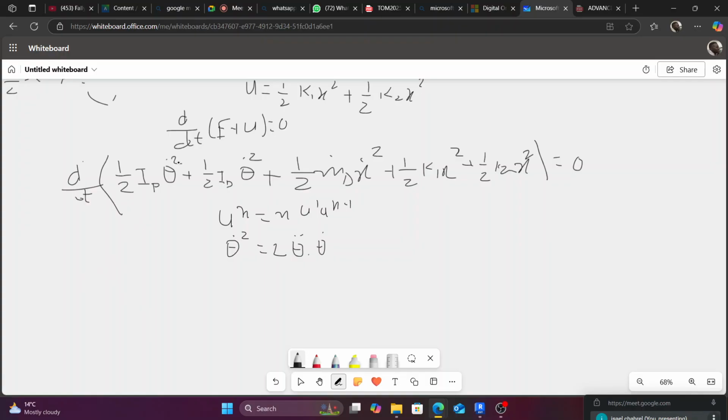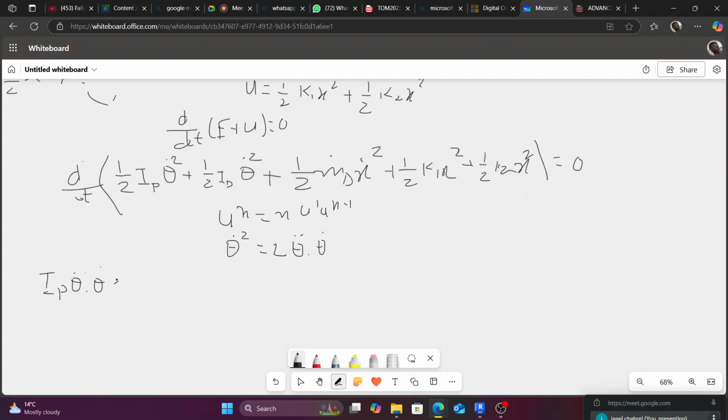When you drop the 2, it will cancel the half. Do you agree? So you don't have to worry about these. What I want you to worry about is the first expression, which will be I_P theta dot dot multiplied by theta dot.